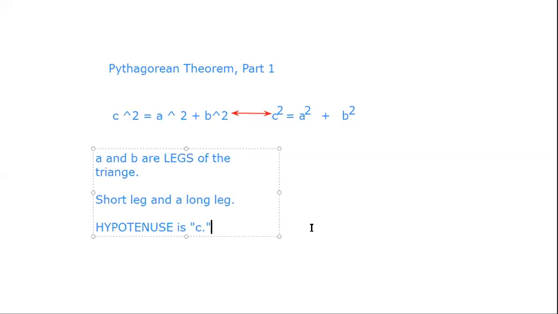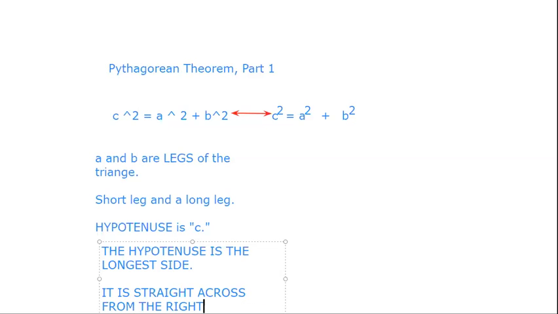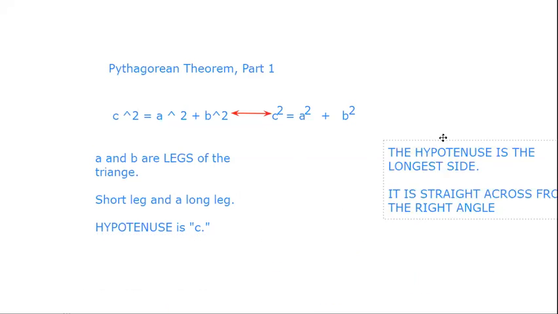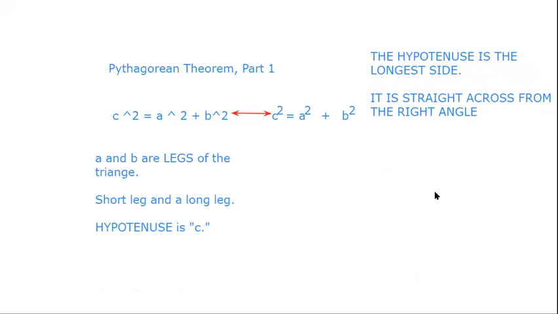So c is the hypotenuse, a and b are the short and long legs, but the hypotenuse is the longest side, and it is straight across from the right angle. Remember, we're only talking about right triangles here with this Pythagorean theorem. The hypotenuse is the longest side, and it's straight across from the right angle. That's very important.